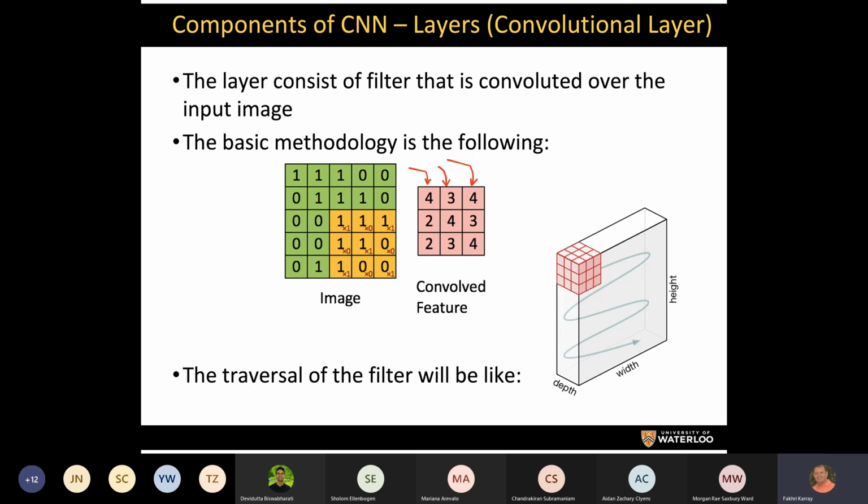For filter 1 we are going to have this layer, for filter 2 another layer here, and for filter 3 another layer. This illustration is for one single filter.